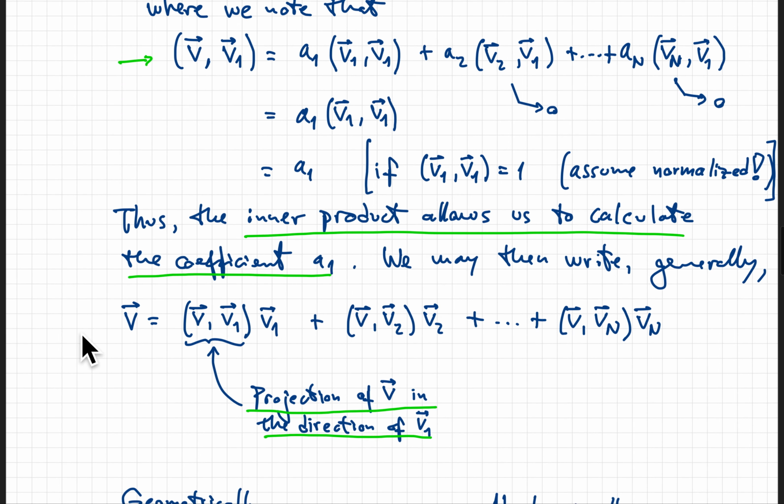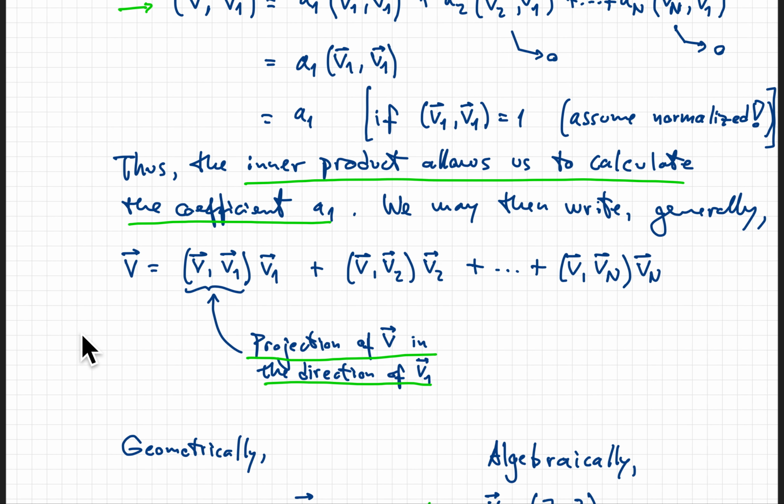And then we can write in complete generality, again, as long as the basis is orthonormal. So I assume orthogonality, but also normalization here. Like I said, if the basis is orthogonal, then it's very easy to normalize each vector and assume that the basis is orthonormal. But once you have that, then for any vector v in your vector space, you can write this expression and it would hold true.